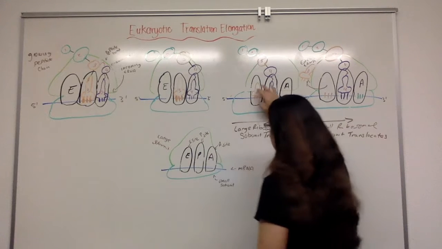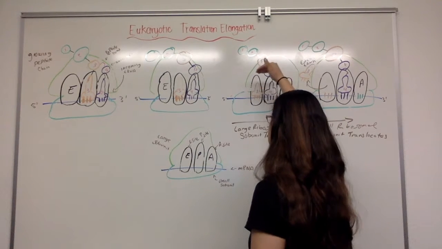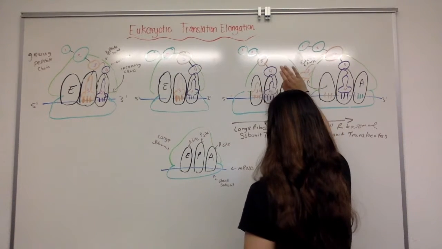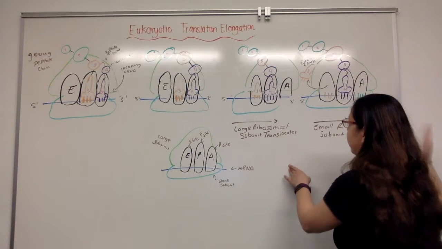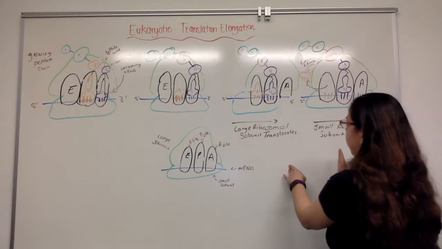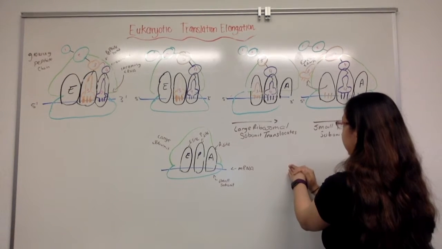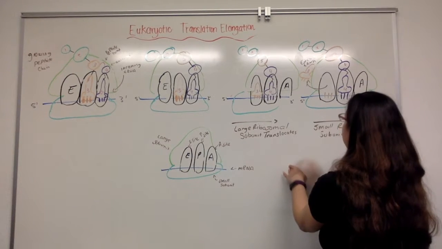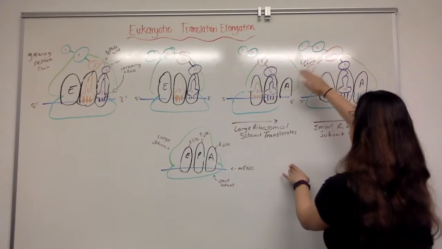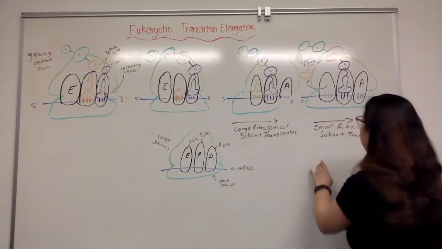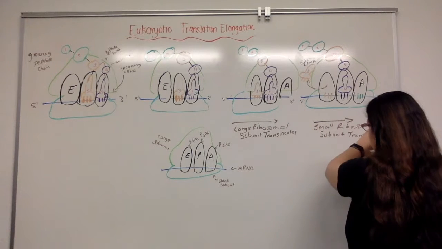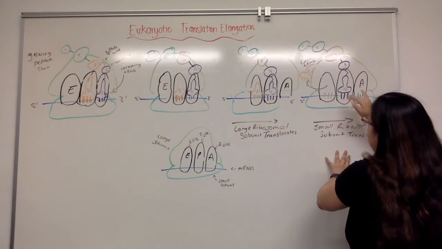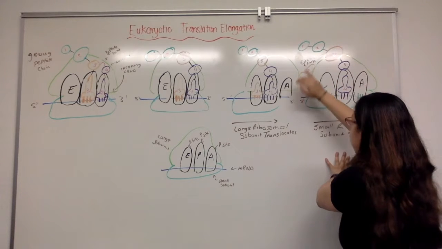Since the tRNA no longer holds its amino acid, the large ribosomal subunit translocates to the right as a means to shift the tRNA forward into the exit site for it to be ejected. The small ribosomal subunit translocates also to the right, and this forces the tRNA to be ejected.